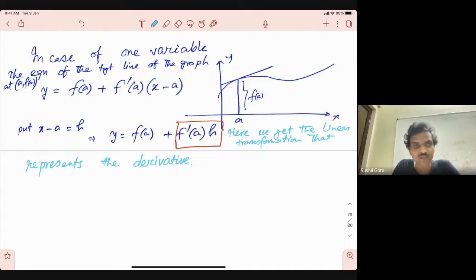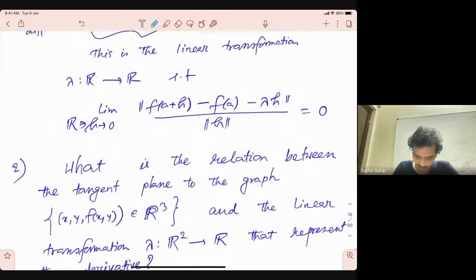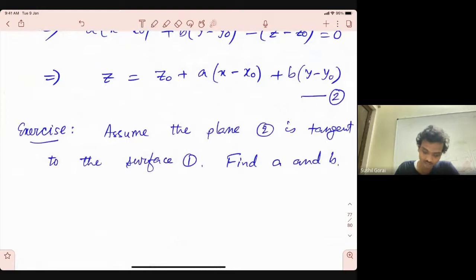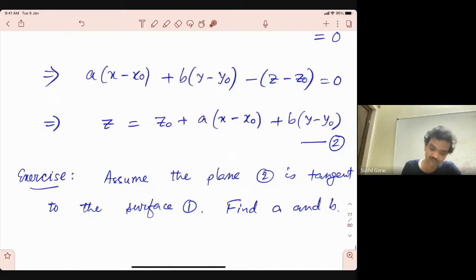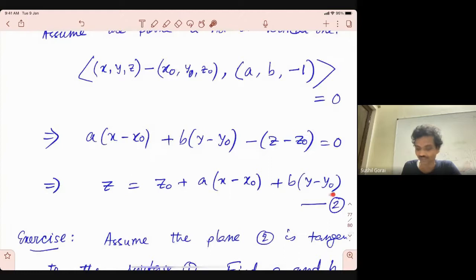Yeah, all right. Makes sense. So it is expected that once we find the equation of the plane passing through x naught, y naught, z naught, where z naught is f of x naught, y naught, that means once we find a and b, then perhaps we can get the linear transformation in terms of this one, right?